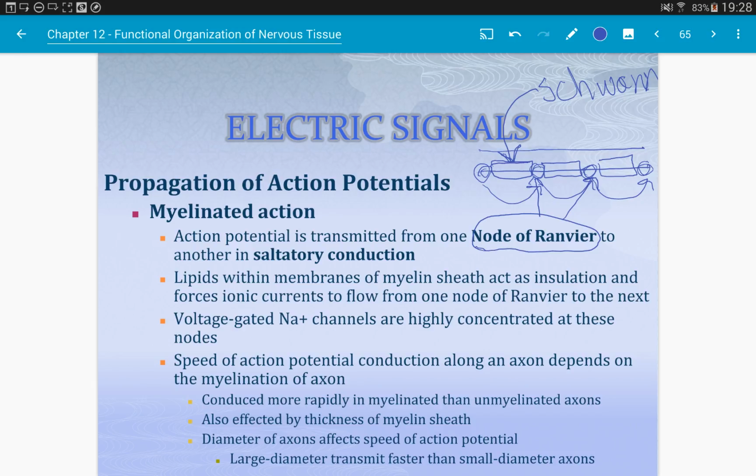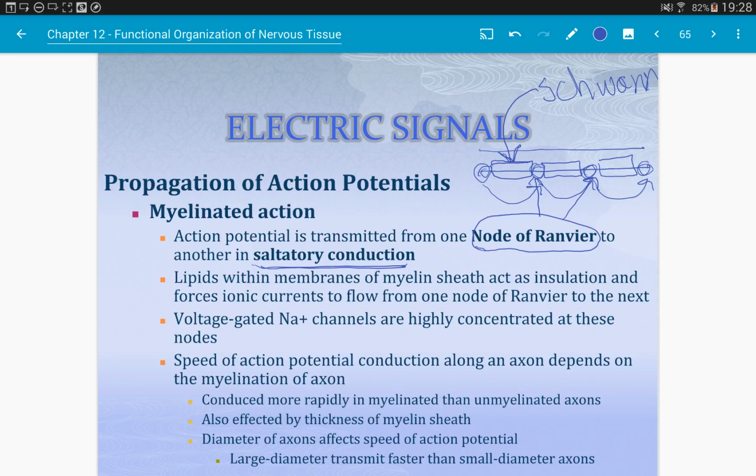Okay, so because it can jump from one to the next, that makes it faster. And so that type of propagation where it jumps between these nodes of Ranvier, we call that saltatory conduction. And what did we call it when it had to travel along the entire length of an unmyelinated axon?